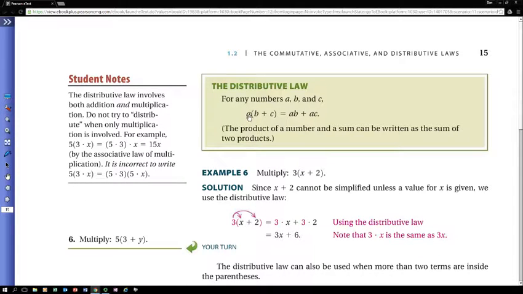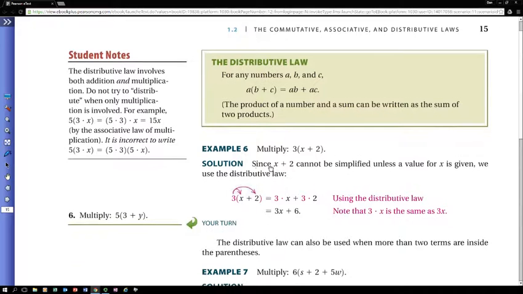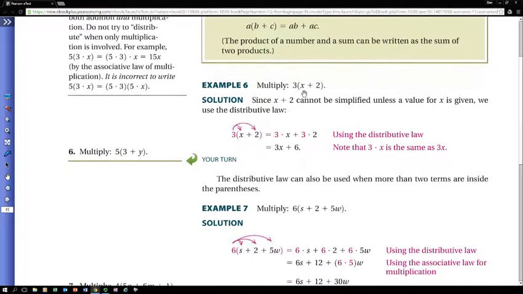That's kind of where the word comes from: I take a times the first term plus a times the second term of this addition, and we end up with a times b, plus a times c. That's the distributive law.